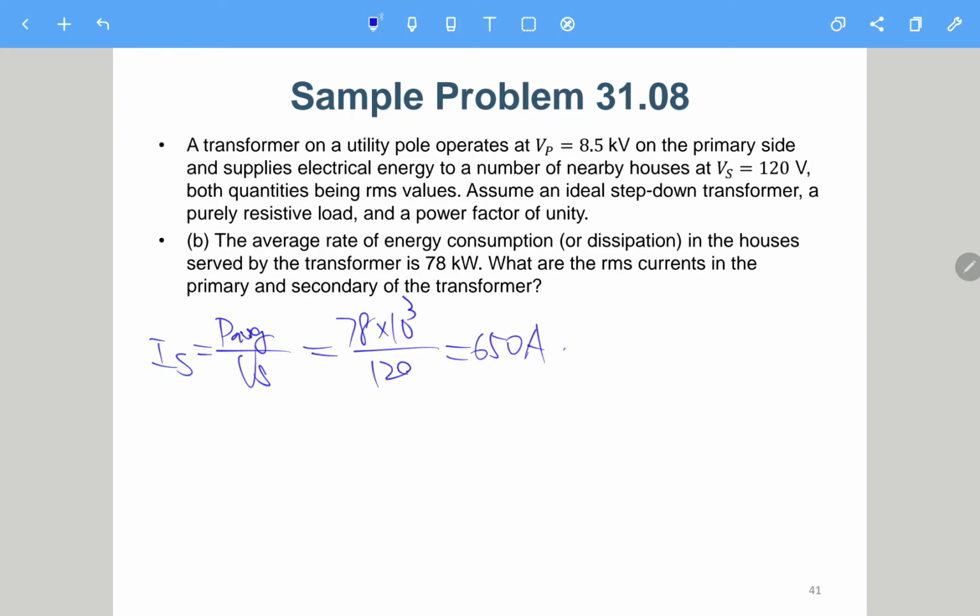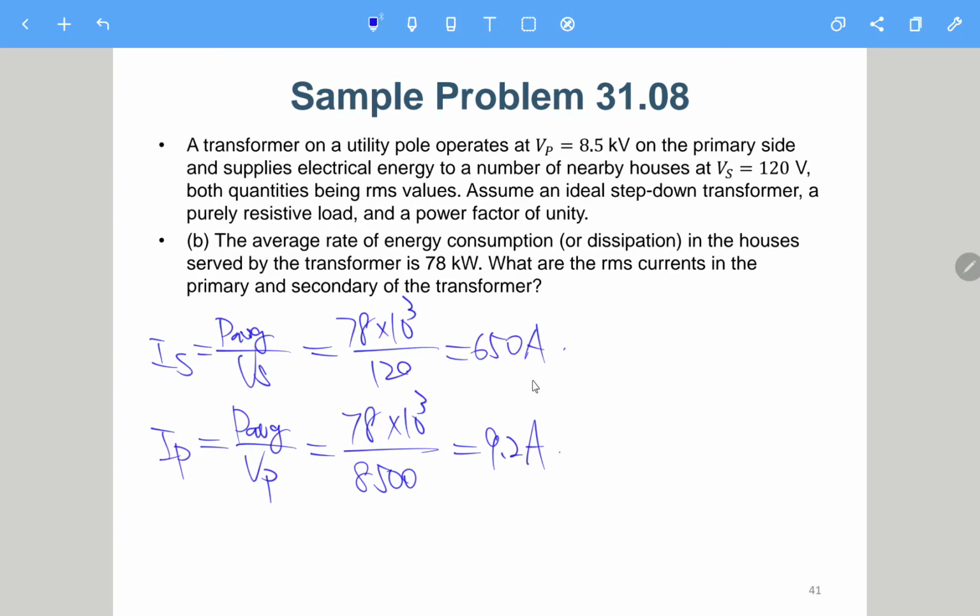And then for Ip, it is P average over Vp, so it is 78 times 10 to the third power over 8,500, which is 9.28. So these are the RMS currents for the secondary coil and primary coil.